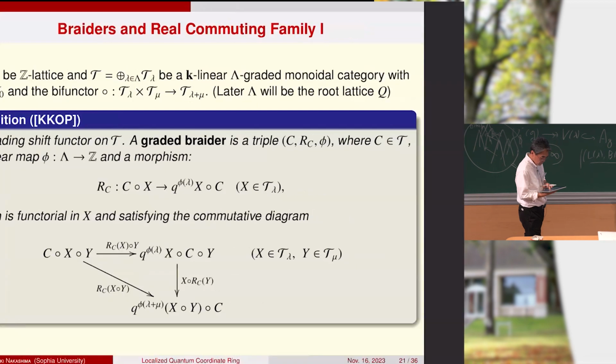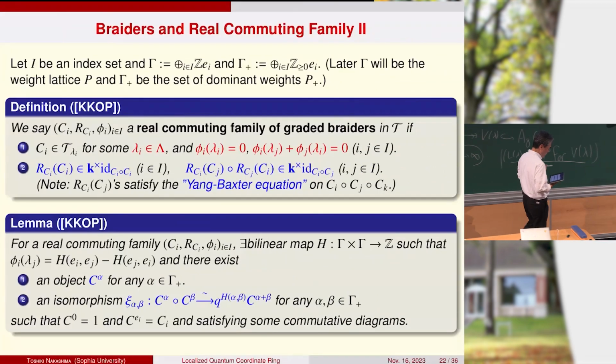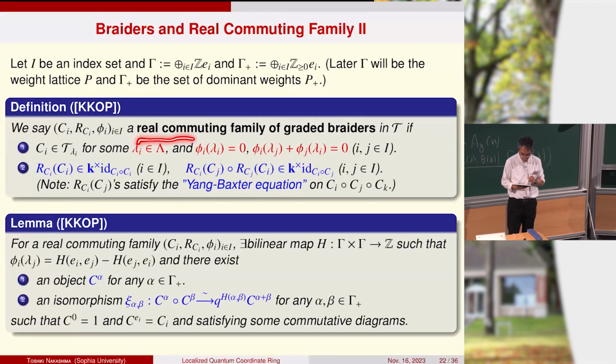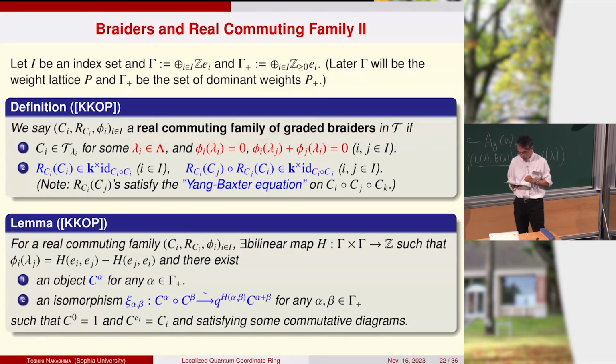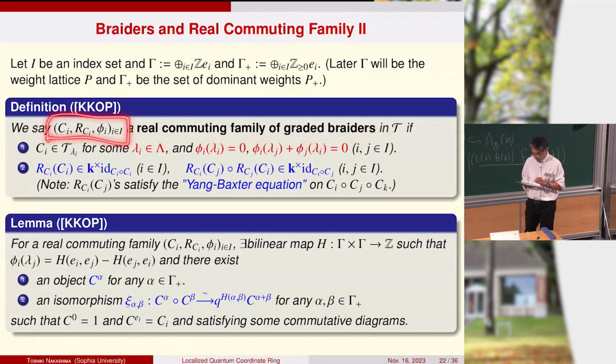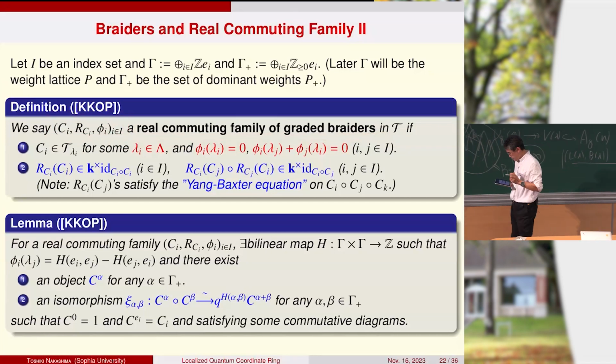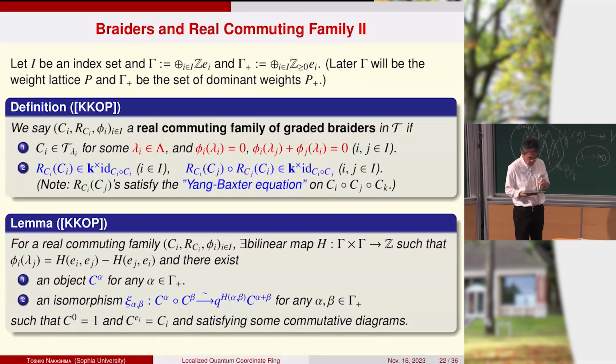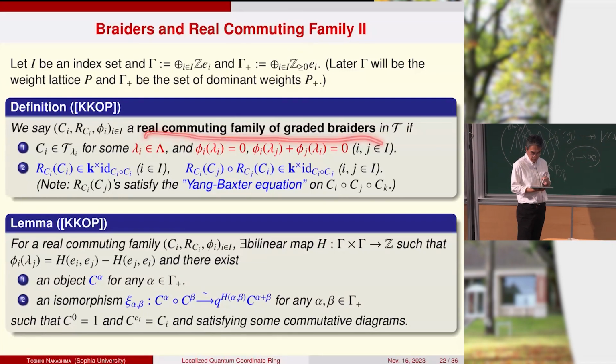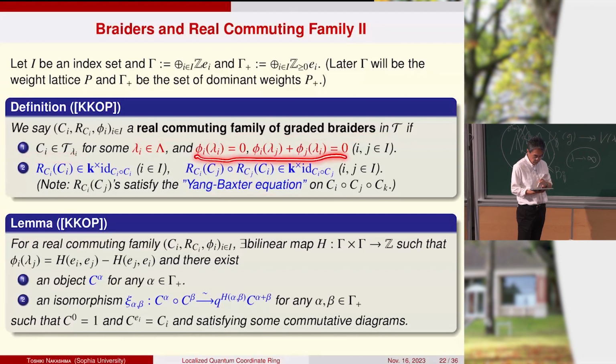Okay, then next we define a real commuting family of graded braiders. These triples are parameterized by an index set, capital I. This is called a real commuting family of graded braiders in T if C_i is an object from here, and if it satisfies these conditions.